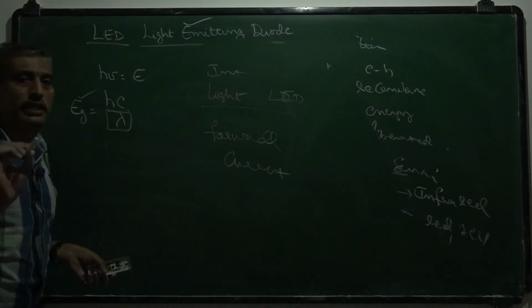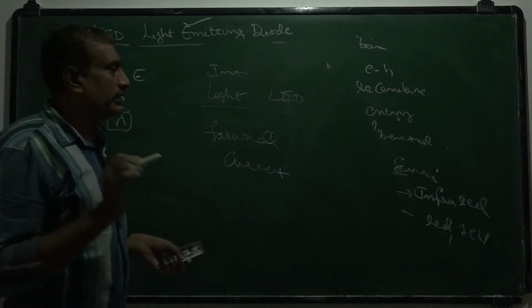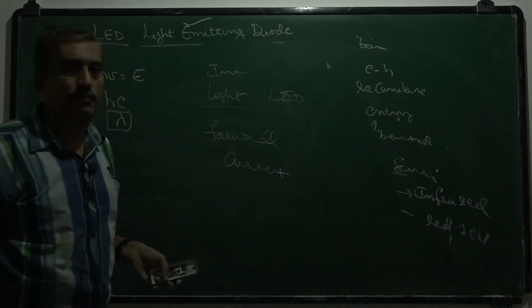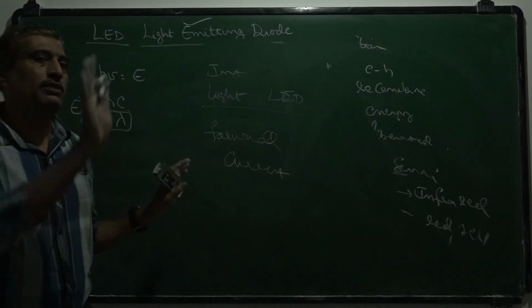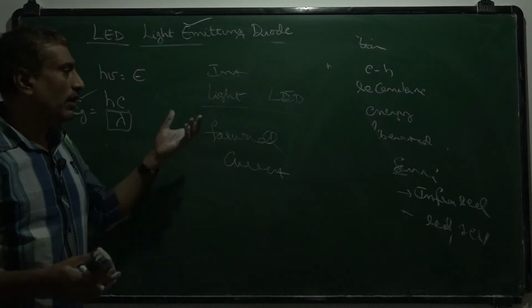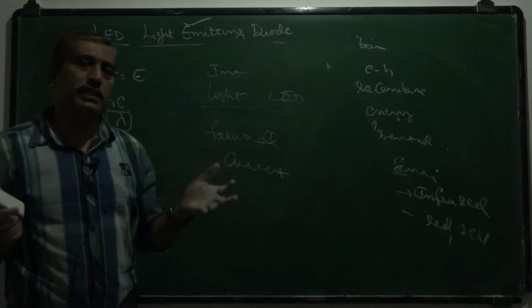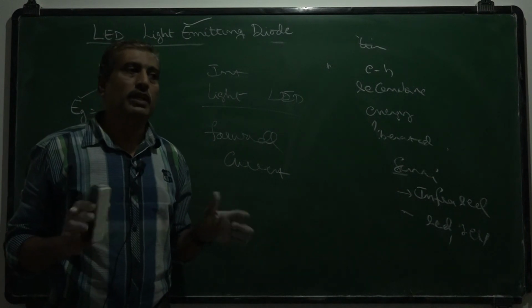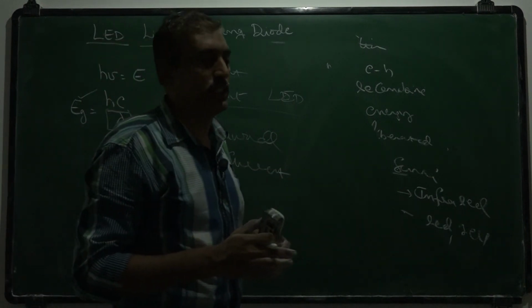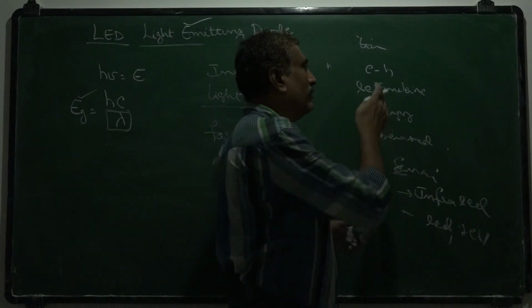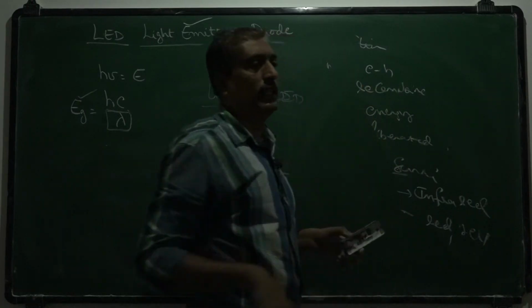So LED is an optical device which is used in forward bias, which converts electrical energy into light energy. So how this works is, when the PN junction diode is forward biased, at the junction, the recombination of electron and hole pairs takes place.